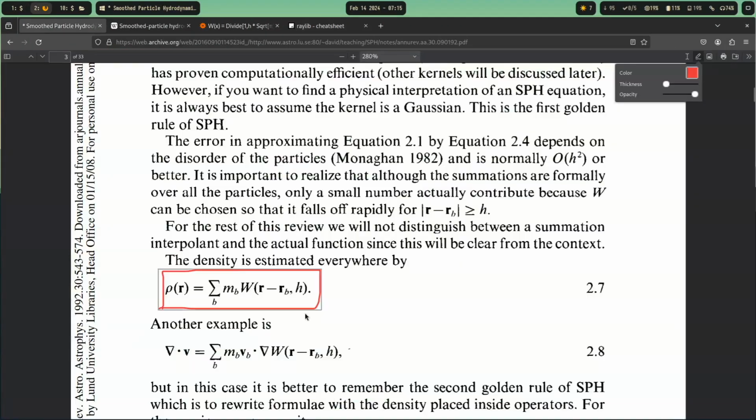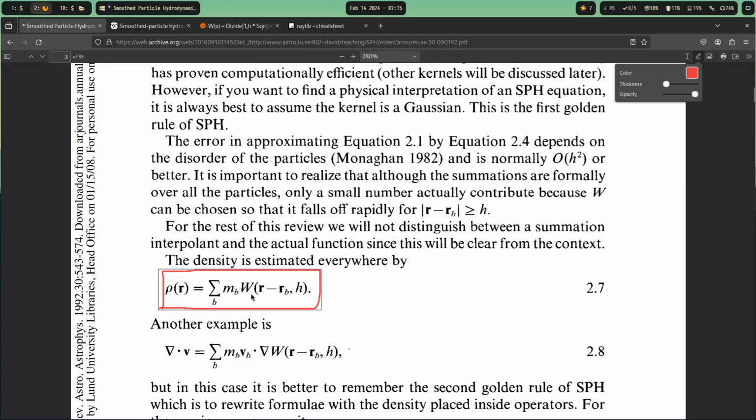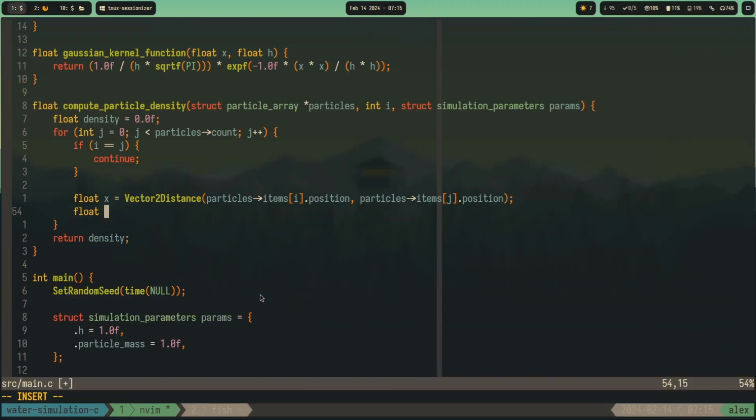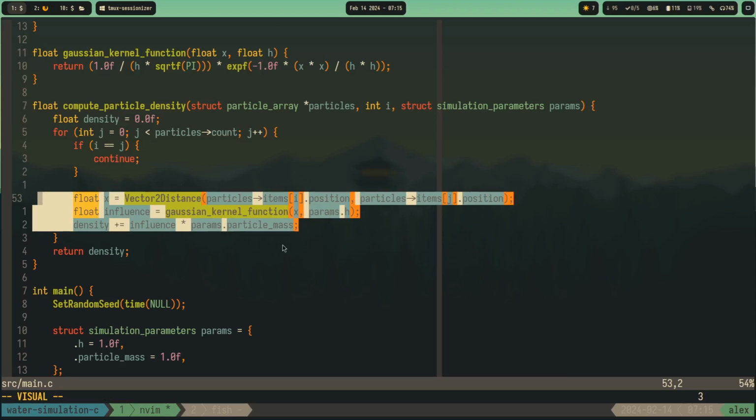Okay, what's next on the list? So next would be to get the density itself. Maybe we do it directly. I was thinking to get the float influence using the Gaussian kernel, and then just add it to density like this.